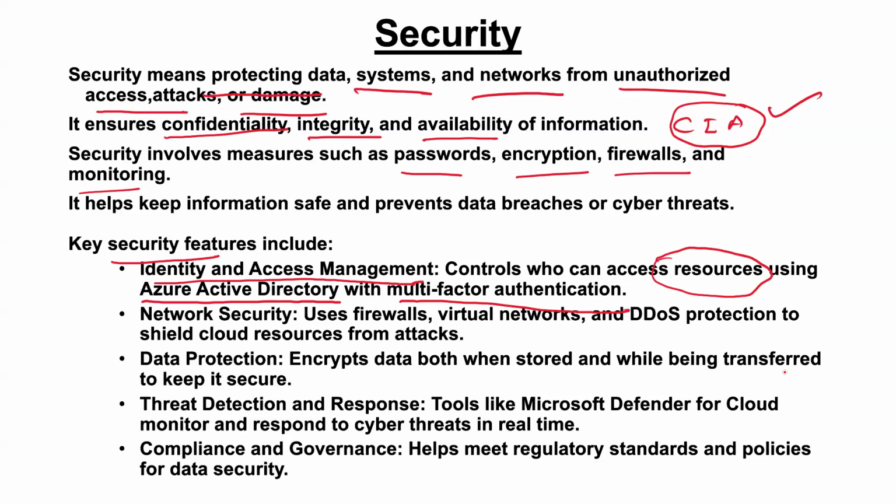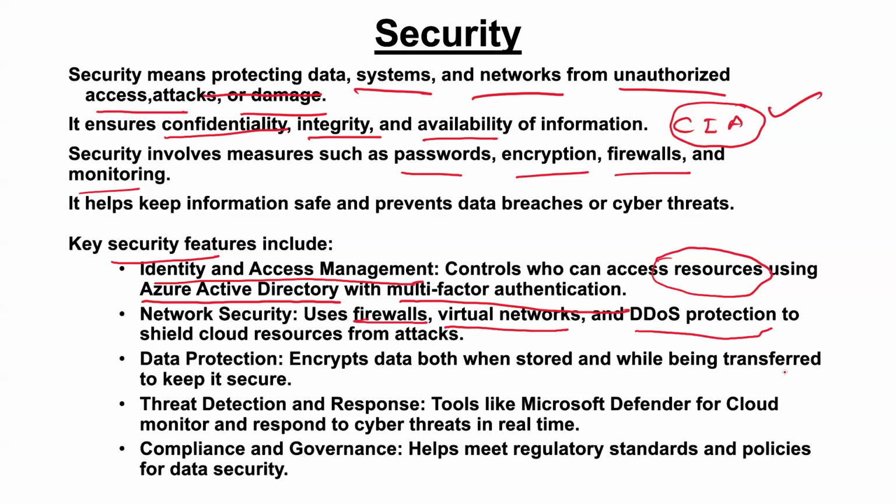Multi-factor authentication decides who can work on a particular environment or access particular resources. Coming to network security, we have firewalls. We will deploy firewalls and work on virtual networks. We will also see how a DoS attack can happen on Azure, on the cloud.